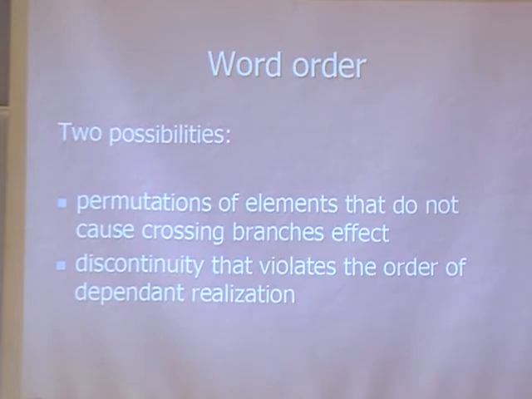And then discontinuity that violates the order of dependent realization, which is not a very rare phenomenon in the Bulgarian language. We already have one of our PhD students who defended a thesis on types of discontinuity in the verbal phrase on the basis of the Treebank.